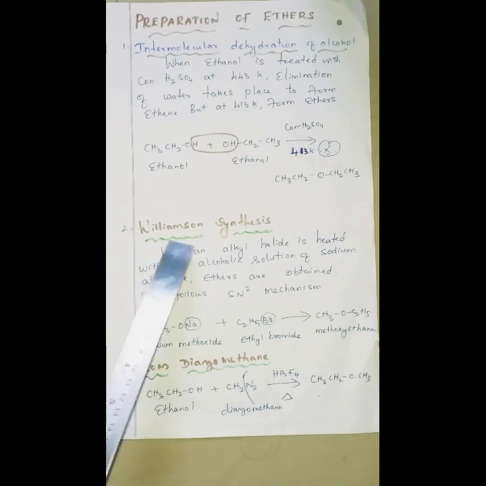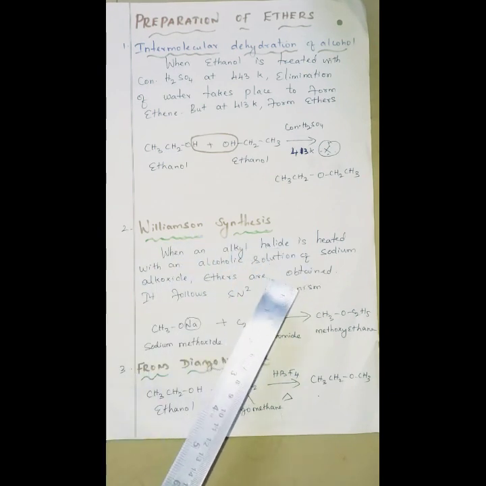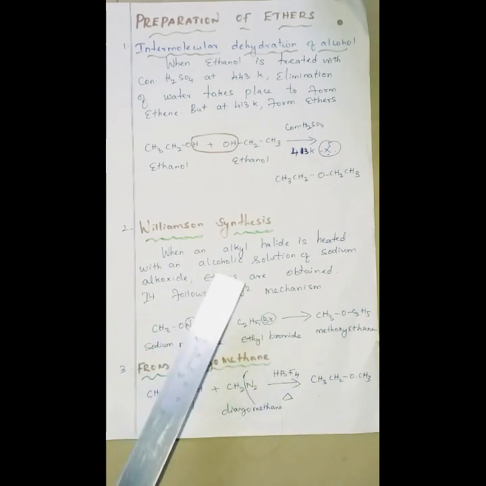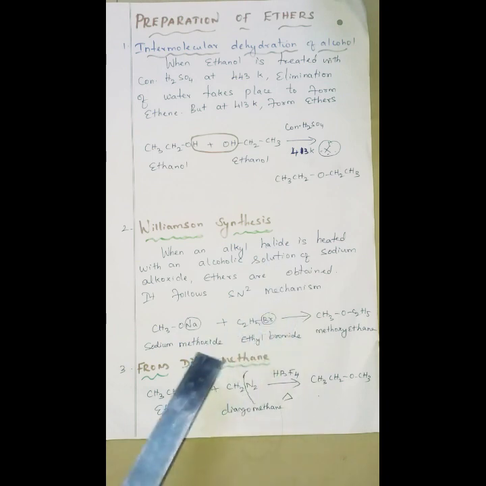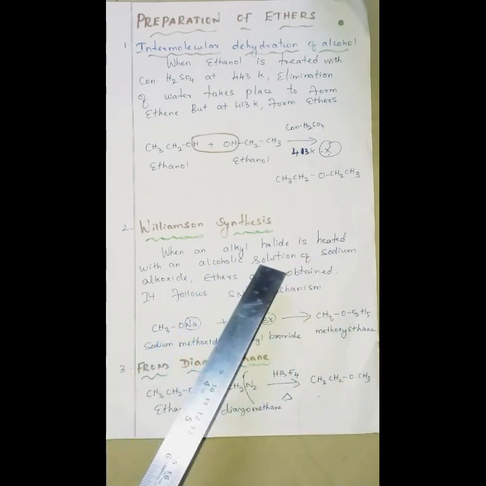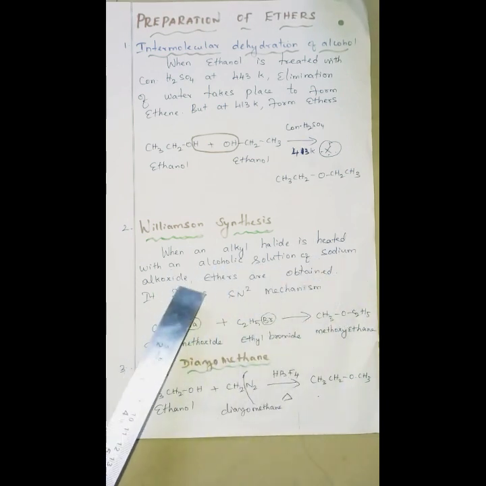Then second, Williamson synthesis. We already studied this in the phenol chapter, I think, so once again I will explain. Williamson synthesis: when an alkyl halide is heated with an alcoholic solution of sodium alkoxide, ethers are obtained.